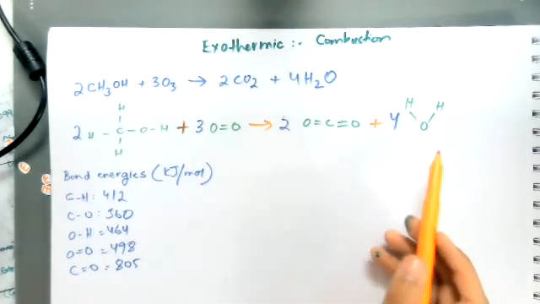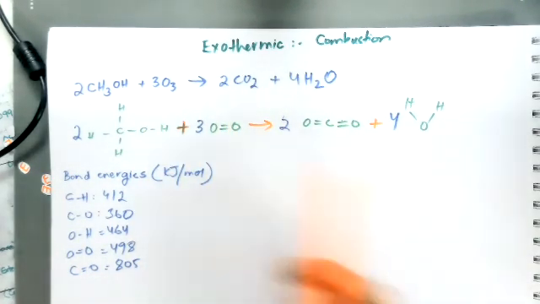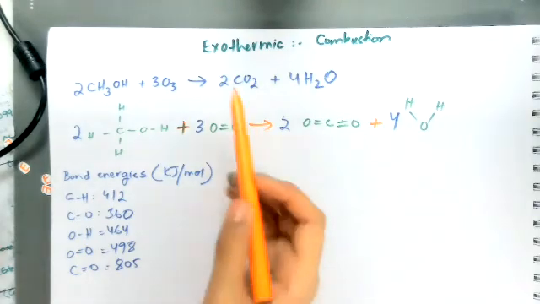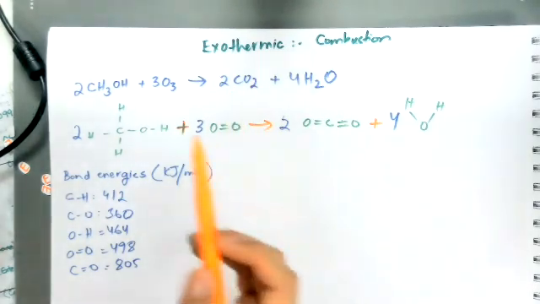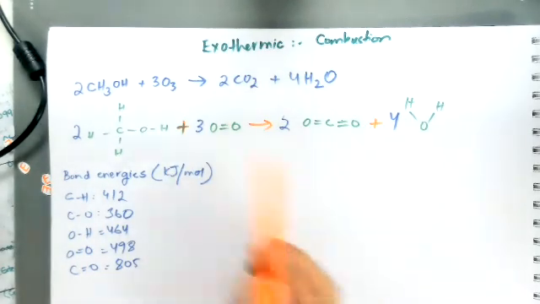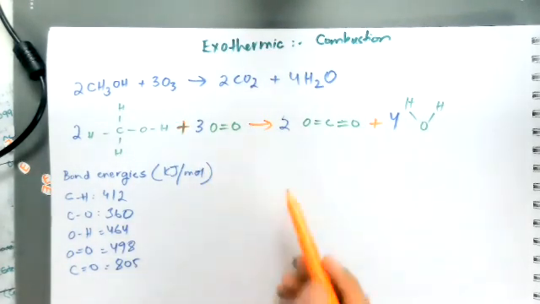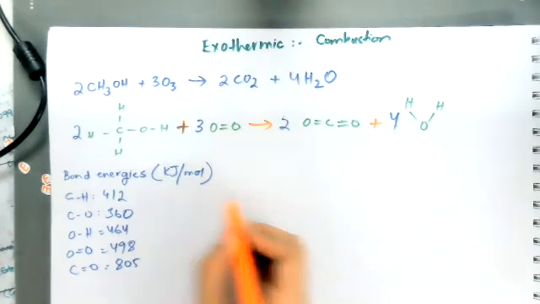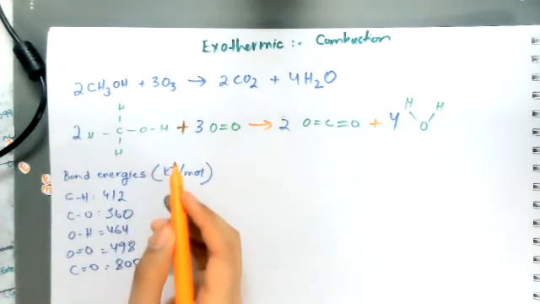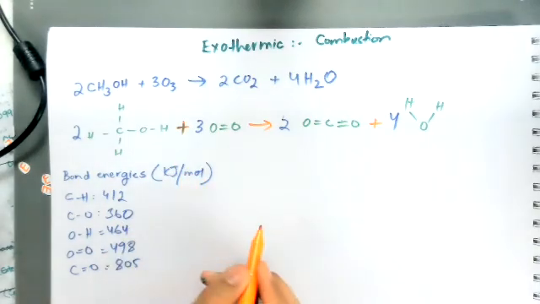And in a question like this, they're going to give you the bond energies. So basically what we're trying to prove over here is that combustion is an exothermic reaction, which means the energy taken in is less than the energy given out. So we're going to count all the different types of bonds and write them down.